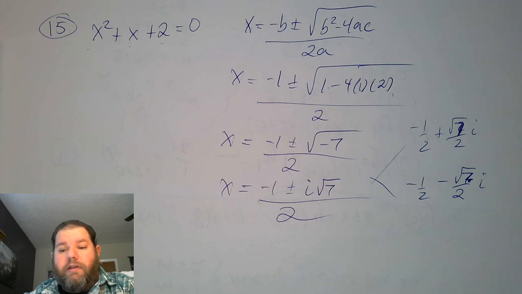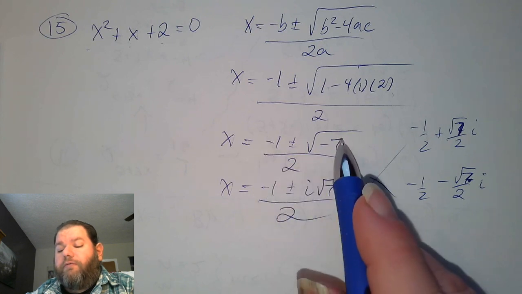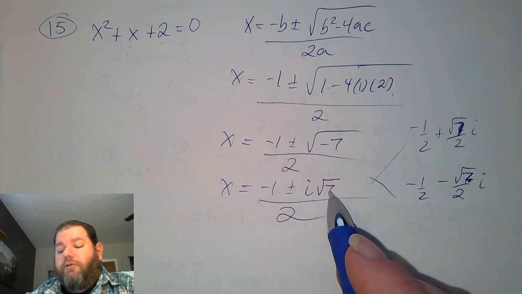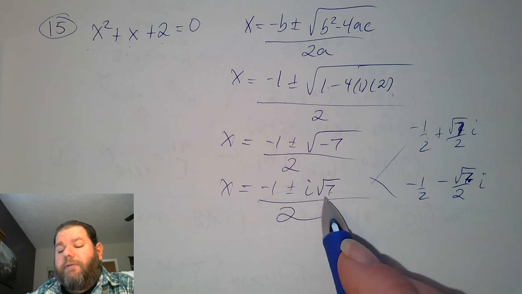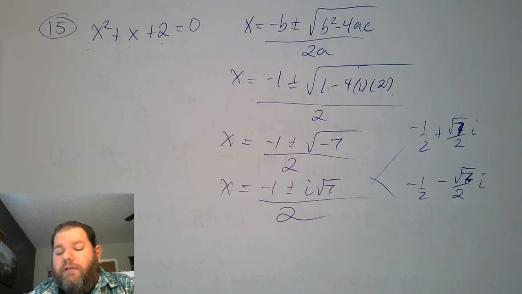So what they did in the answers here for this review is they split this up into 2 terms, negative 1 over 2 and then square root of 7 over 2. Instead of writing i times the square root of 7, they put i at the end. So it's not a huge leap, I think, but we just have to make sure we're making that.